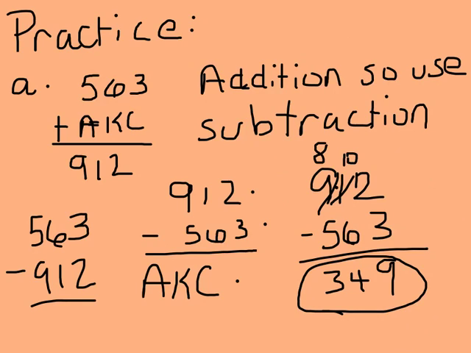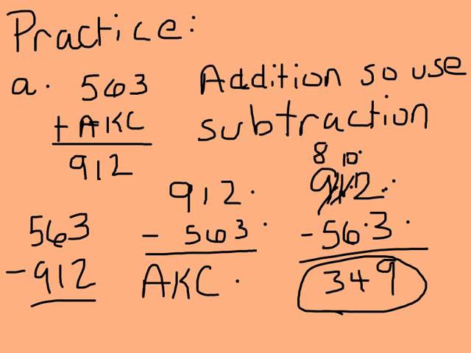And again, we're going to have to use some of that silly counting, because we can't take 3 away from 2. We can't take 6 away from 1. So we're going to make this 2 a 12. Now to do that, we would have to take 1 away from this 1, which leaves it with 0.